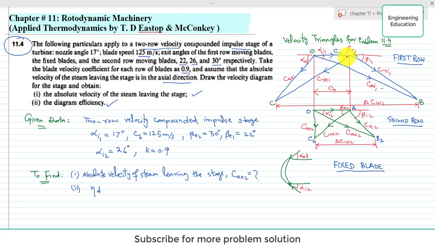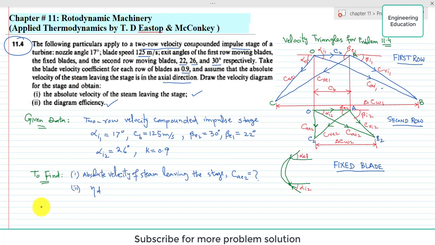Beta E1, this is the angle which makes CRE1 with CB, and its value is 22 degree. Similarly, alpha I2, this is alpha I2, and it has 26 degree value. Similarly, K is 0.9. So based on this data, we have to find the absolute velocity of steam leaving the stage, which is CAE2, and second we have to find the diagram efficiency.